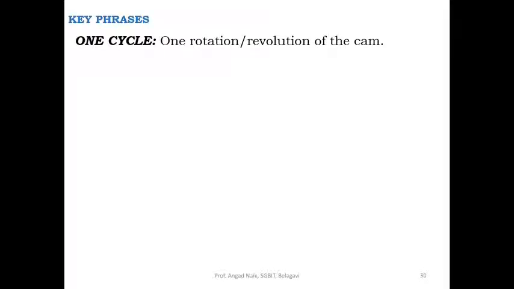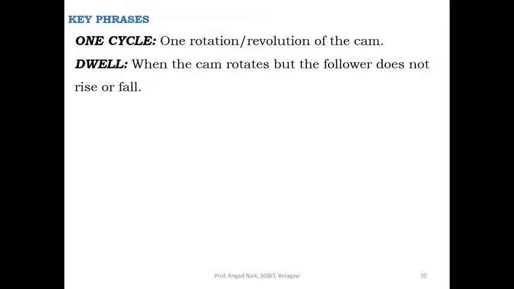Let us look into some of the key phrases. First one is one cycle. One complete rotation of the cam is called one cycle. Dwell: when the cam rotates but the follower does not rise or fall.